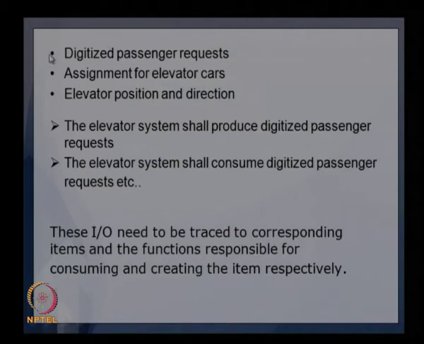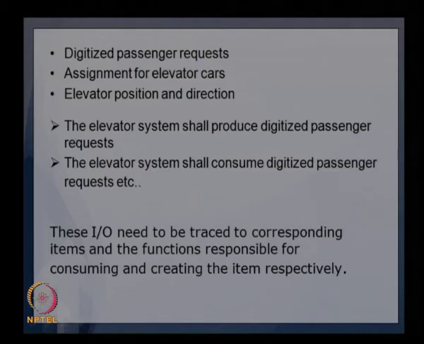The requirement is the function which actually needs to be provided. It can be written as, the elevator system shall produce digitized passenger request, or the elevator system shall consume digitized passenger request. These requirements can be written using this functional decomposition, and these are the internal input output requirements.